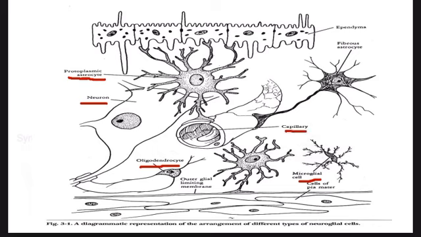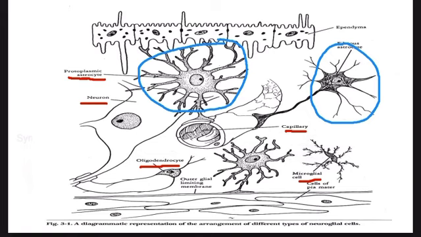This is the capillary, a blood vessel. Let's circle it in a different color. So star shape is what? Astro. This is the astro, and these are the fibers of the astro.